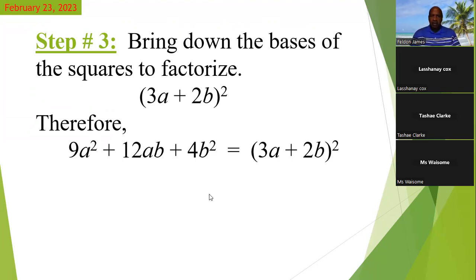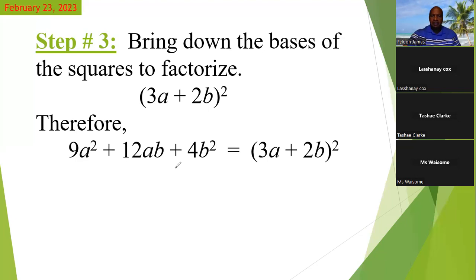Now, just recall that I mentioned that it can also be factorized by what? The AC method. And just to give you a sense of how this would be done. Now, what would be AC in this case, guys? 9A squared and 4B squared, sir.